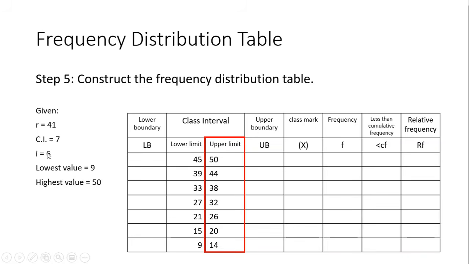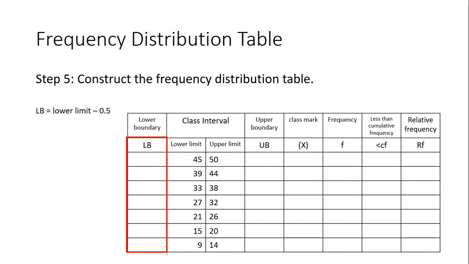Okay? So next, let's move on to your lower boundary. For your lower boundaries, this is your formula. You have lower limit less 0.5. Okay? So we'll be doing it on a per row basis. So with that, if you will apply, we'll be having the following figures.